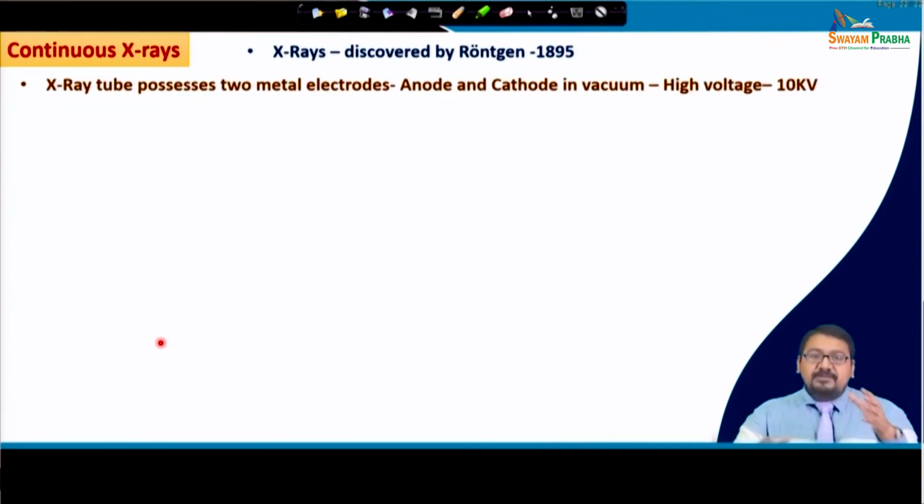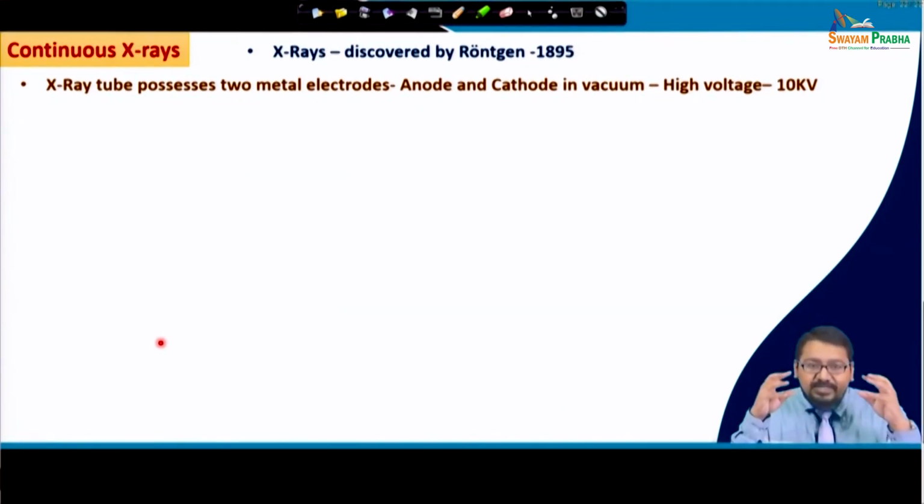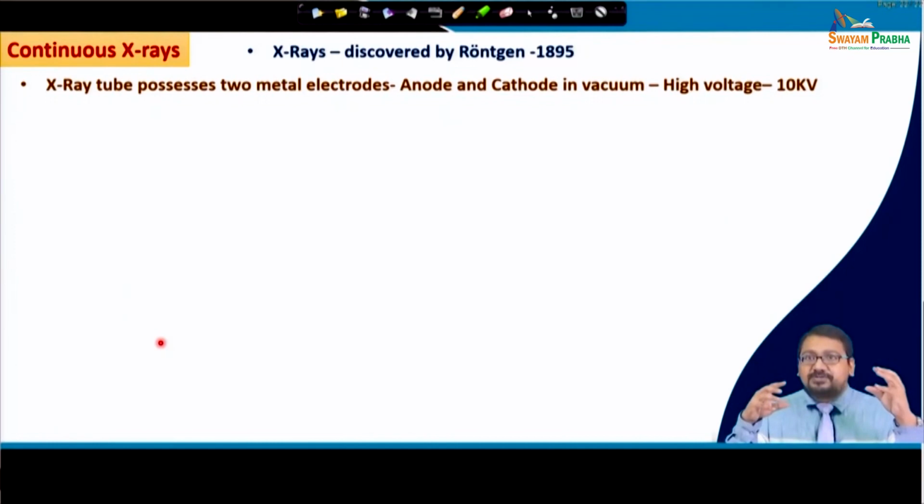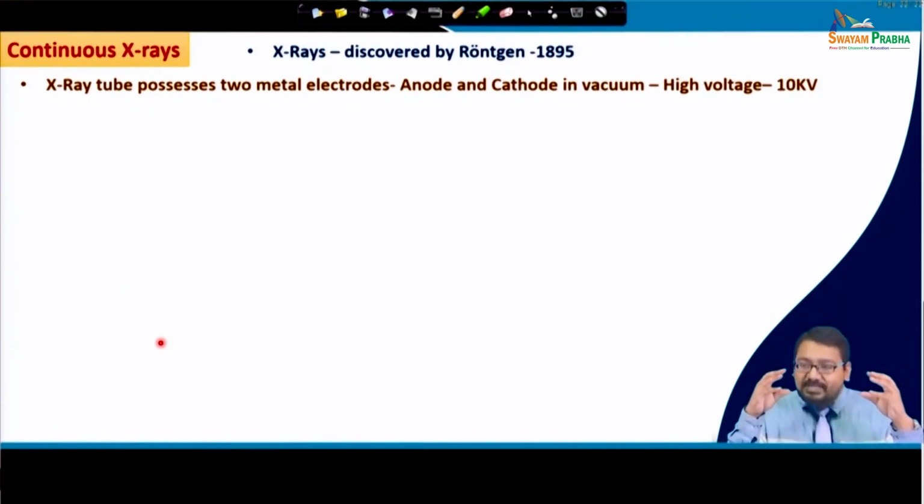If you see how an X-ray is developed, there is a tube, and in the tube there are two metal electrodes. One is the cathode, another is the anode, right.